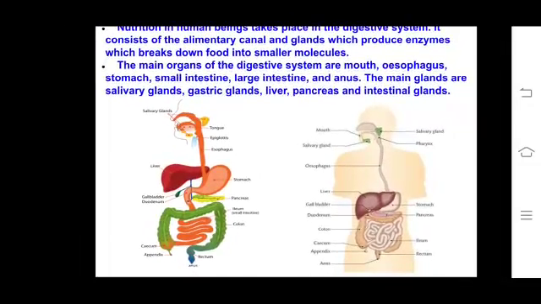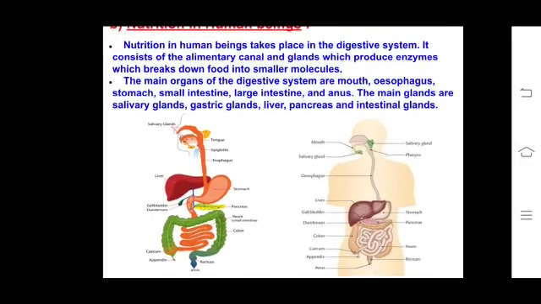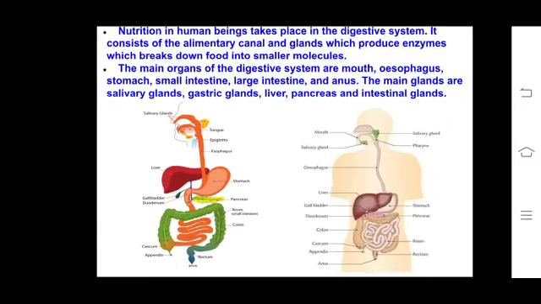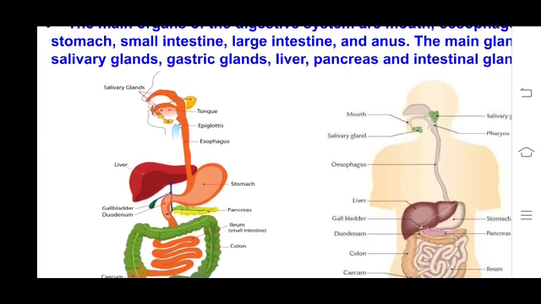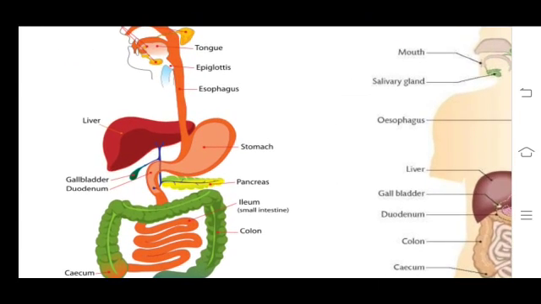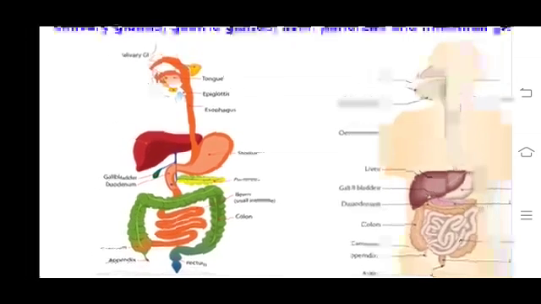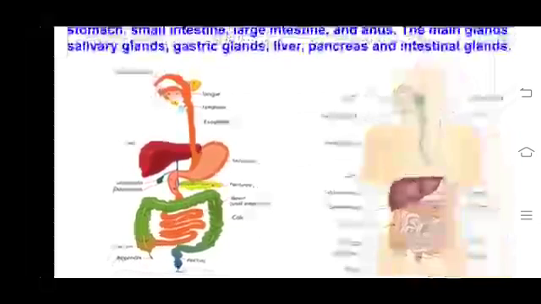So here you have to know the diagram, each part of a digestive system. There may be a question, they may be giving the diagram and asking you to label the parts, and then they may even be asking for the various parts of a digestive system, or they may be giving one organ of the digestive system and asking what are the parts and what is the function.